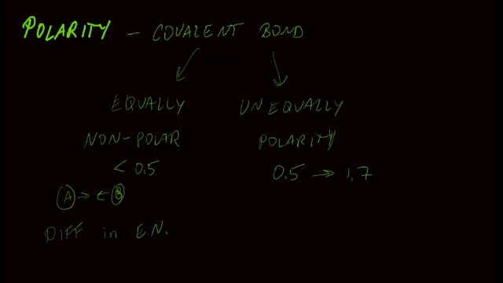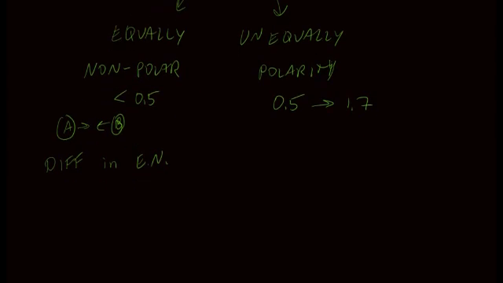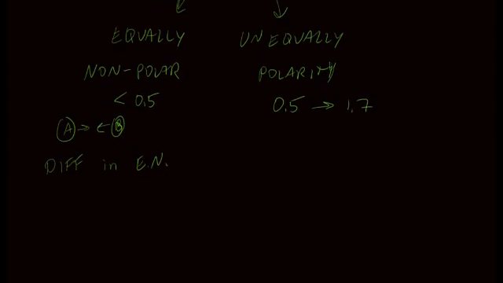Now, there's a topic very close and similar to polarity where we talk about the overall molecule. And this is called molecular polarity, otherwise known as dipole. Okay, so these are two different things. The bonds within a molecule can be polar or nonpolar.